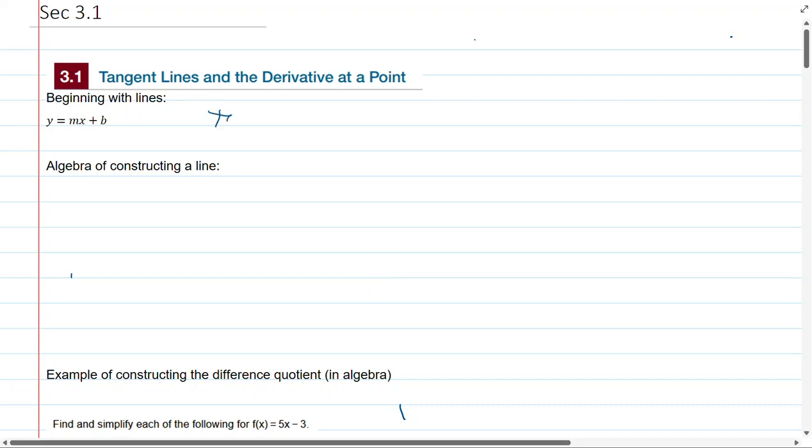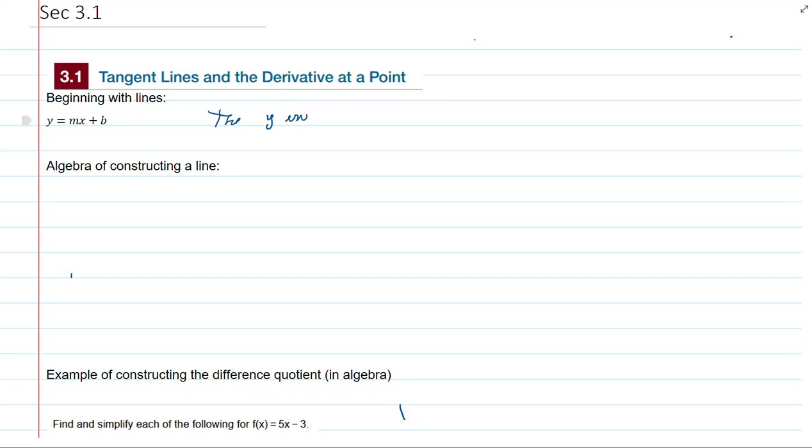This is the standard form, which is the one that we require to construct a tangent line. So we're going to be using that.